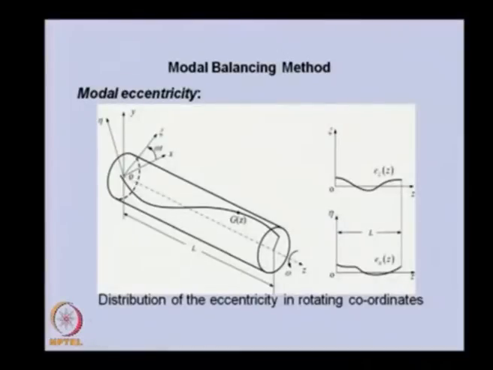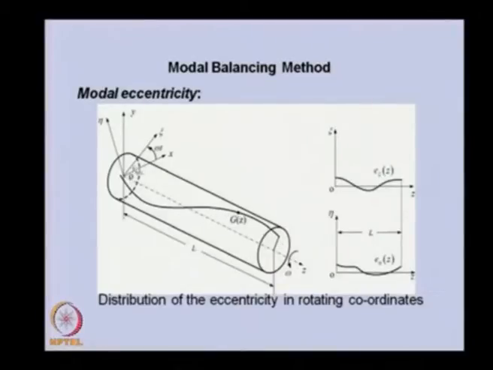Before going to the modal balancing method, let us see the concept of modal eccentricity, because earlier we introduced the concept of modal mass, modal stiffness, and modal forces. Now, this is the modal eccentricity. You can see there is a flexible rotor in which continuous variation of the eccentricity is taking place.